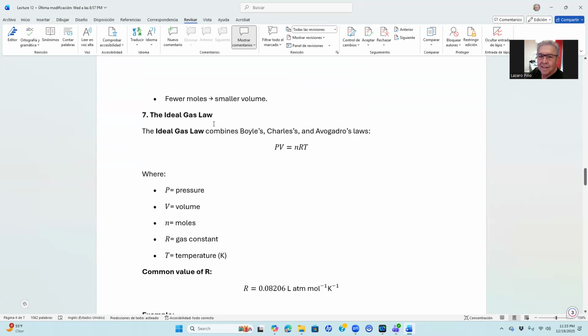The ideal gas law is a combination of all the laws.